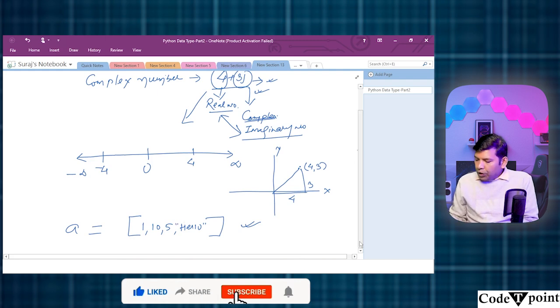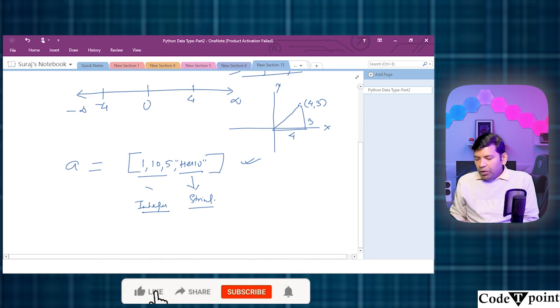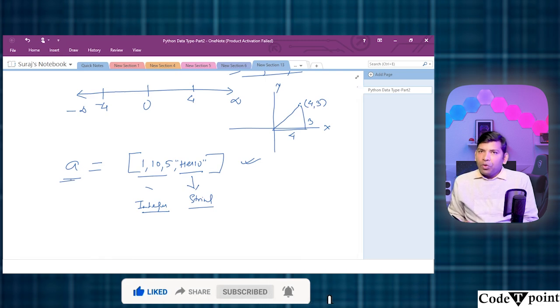Correct? So you can see in this list, there are 3 elements which have an integer data type, and this is a string data type. And this is a list. Correct? So let's go and start writing the code in Python.